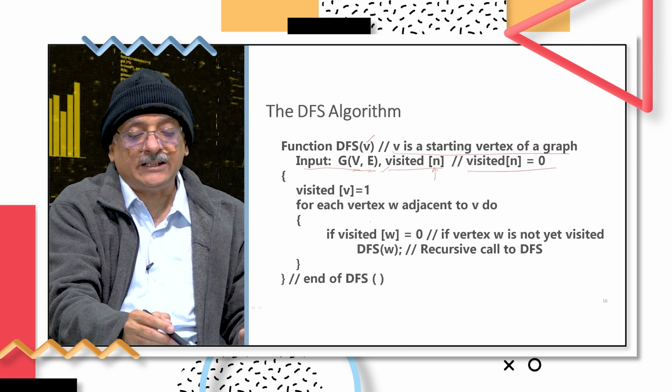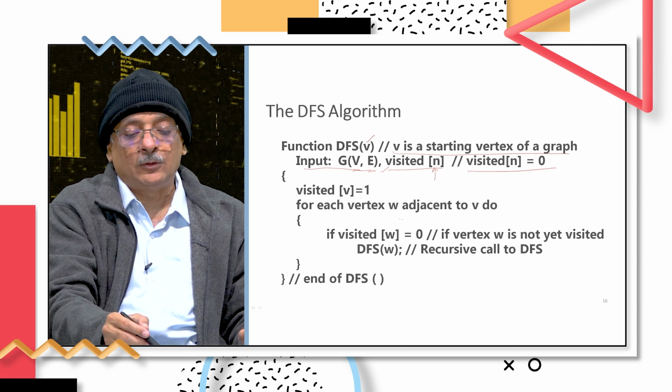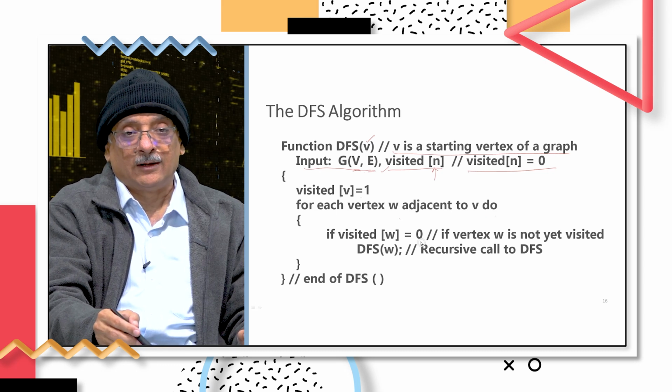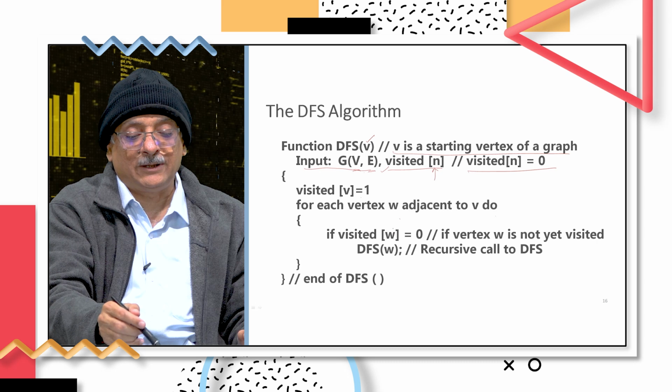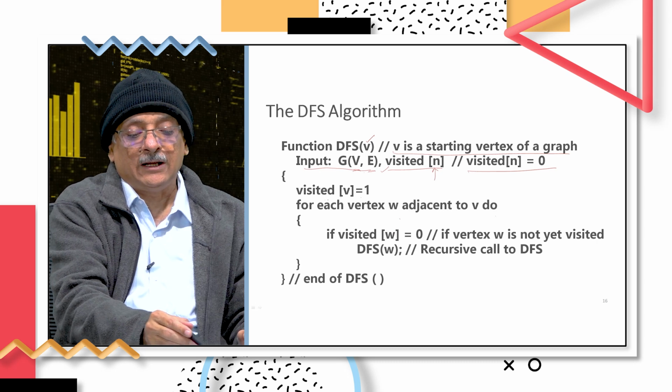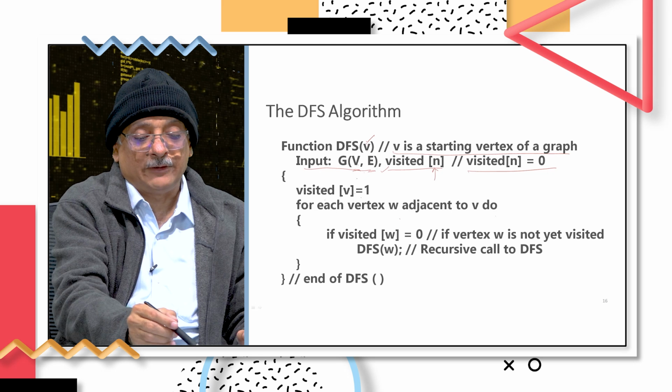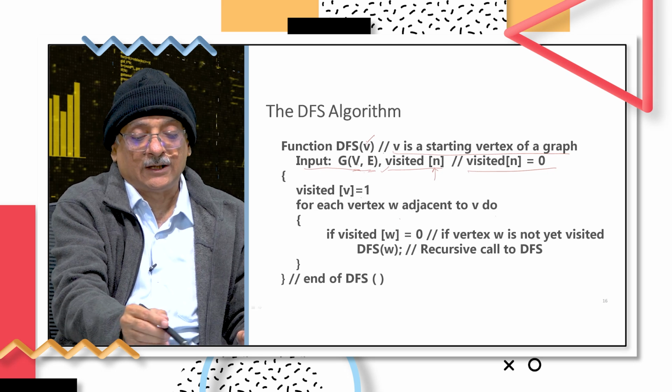So, for each vertex w adjacent to v, do: if visited[w] equals 0, that means w has not been visited. So, what we are doing? We are starting with v, the small v, the start vertex.